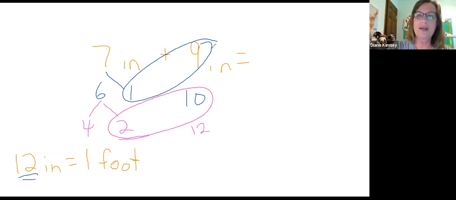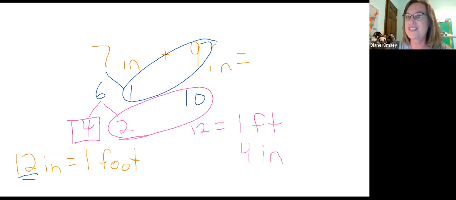Yeah, that equals 12. So that's the exact same thing as saying 1 foot, right? And how many inches do I have left over? I have 4 inches left over. And so we just inched it up to help the kids see 7 inches plus 9 inches equals 1 foot and 4 inches.